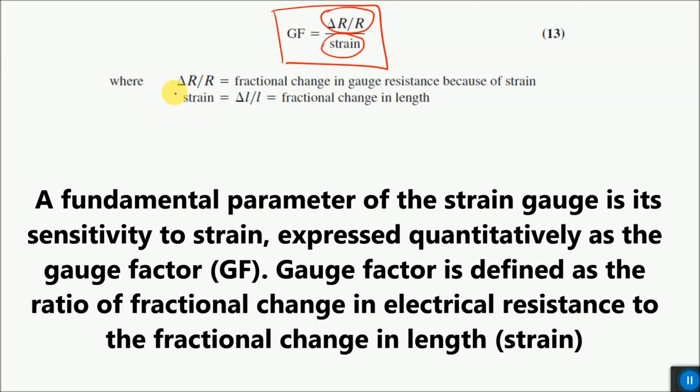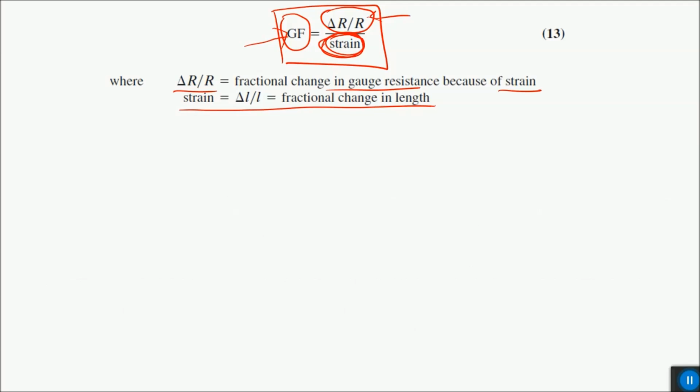So delta R over R is the fractional change in your gauge resistance because of the strain delta L over L that is divided. So this gauge factor is just a quantity. If we are designing a strain gauge, or if we are choosing a strain gauge, we can see what is the gauge factor of that, and that can give us information of the overall responsivity of that sensor towards changing strain, fractional change in the length.